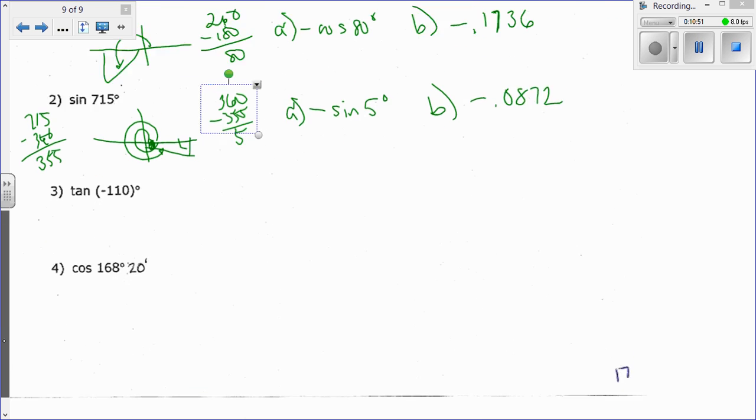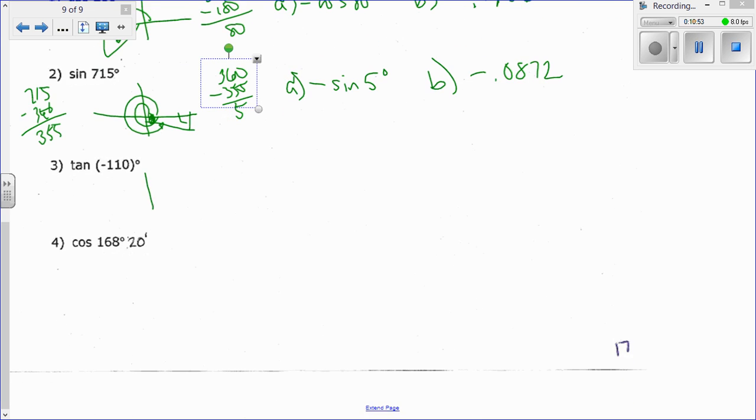Tangent of a negative 110. Well, if I go negative 110 degrees, this is negative 90. That puts me into quadrant 3, but I need to know my positive direction. So that would be 360 minus 110, which gives me 250.